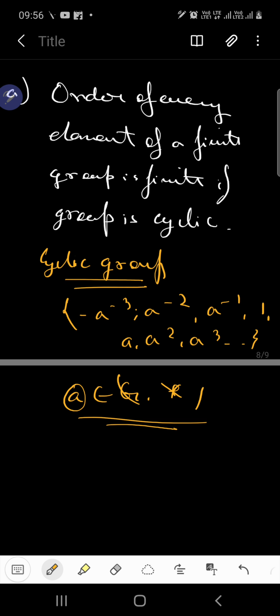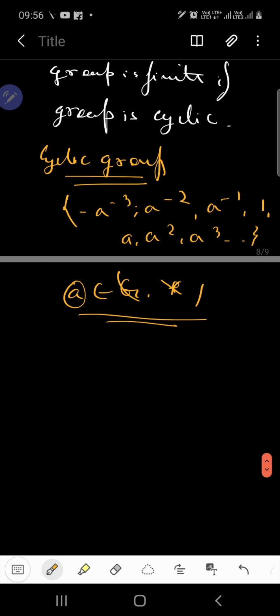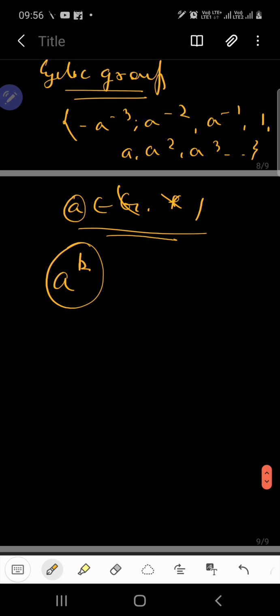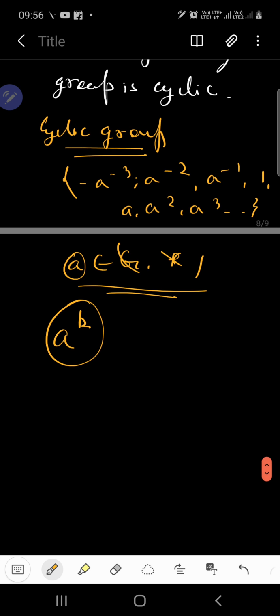Suppose we have a cyclic group where all the elements are of the form a to the power k. Now if this group is a finite group, then we cannot say that all the powers of a are different from each other.